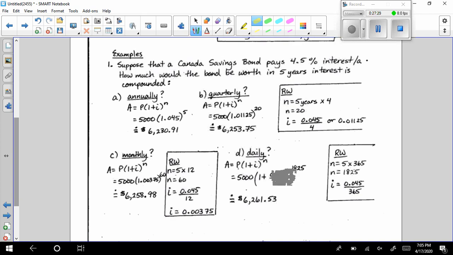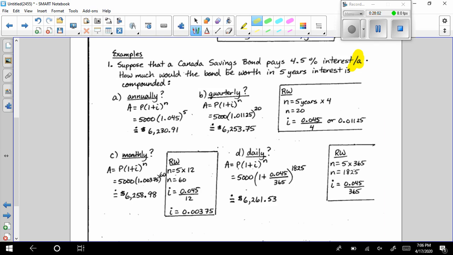I've given us 4 different possibilities here with the same numbers. Suppose that a Canada savings bond, which is a kind of investment, pays 4.5% interest per year. You will often see that written in textbook questions as 4.5% per A. That A stands for the Latin word annum, and annum literally means year in English.